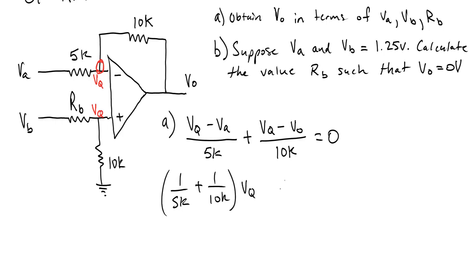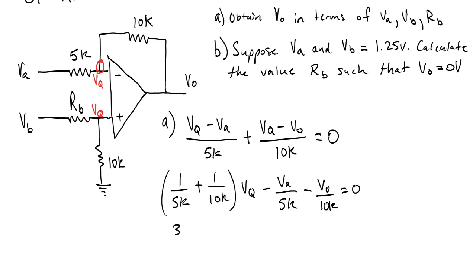Those for VQ, and then we'll go ahead and group up VA. VA is just by itself, so we'll have minus VA over 5K, and then we have minus VO over 10K. All right, so let's keep going. This equals 0. We can combine these, get a common denominator.